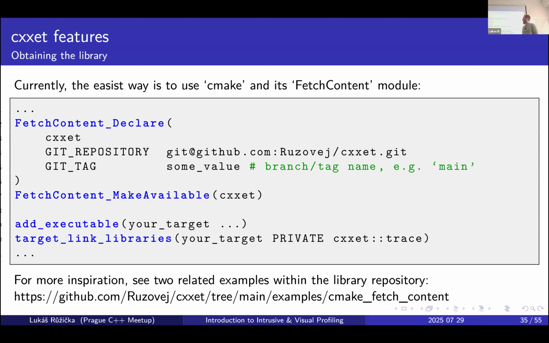So most probably you use it. If not, you at least know it. And if you don't use it, you probably could somehow hack this and install it somewhere else and then use it from that other directory, whatever. So basically, just fetch content, and that's all. You just link your target to this library, and you are done. You are able to profile it.